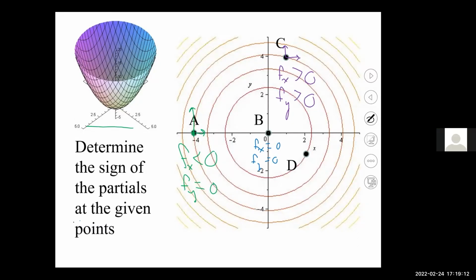All right, one more. And like I said, if you guys have questions, let me know, because this really starts to drive home this idea. Point D, f sub x, what do you think? Remember, moving into positive. So we say positive, very good. Now, what about f sub y?